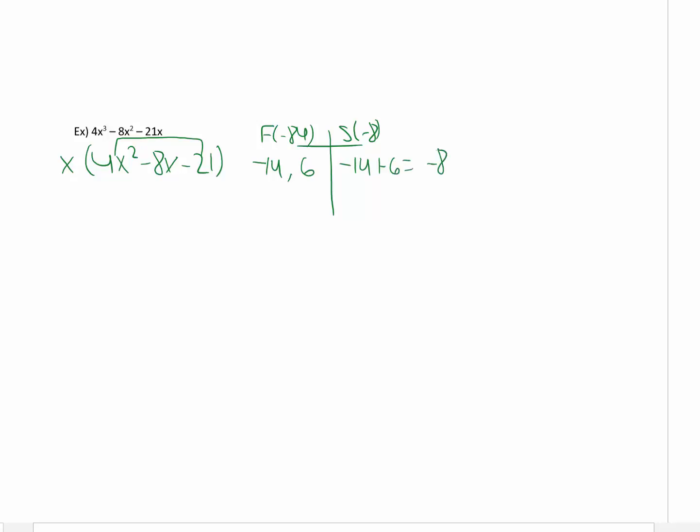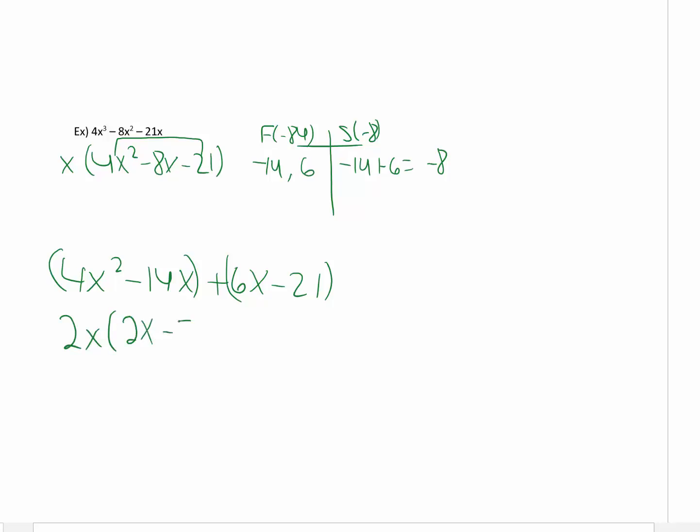Okay, so let's rewrite just the trinomial below. I'll put in minus 14x plus 6x minus 21. Now, I could put the plus 6x and the minus 14x in the opposite positions, and you would still get the same answer. So let's do factor by grouping. I can factor out a 2x from the first two terms. That leaves me with 2x minus 7.